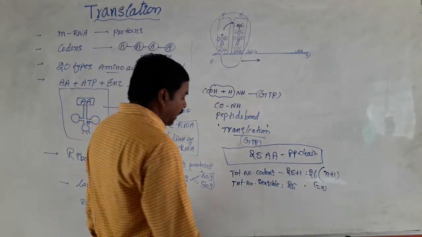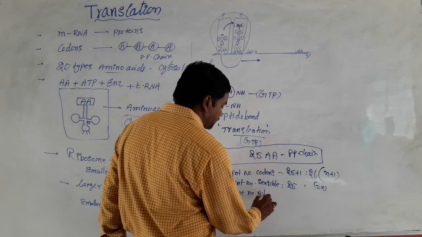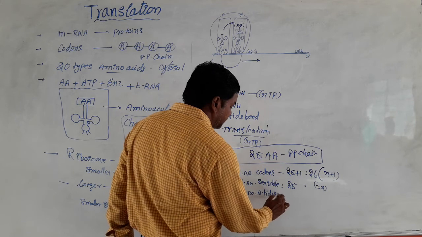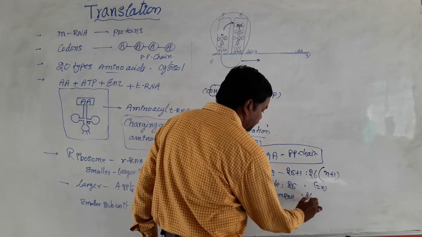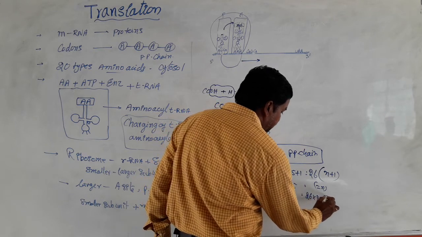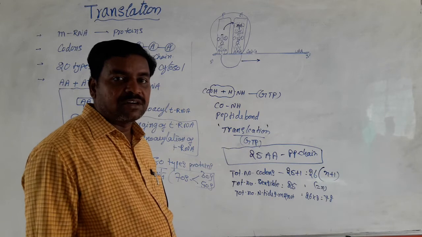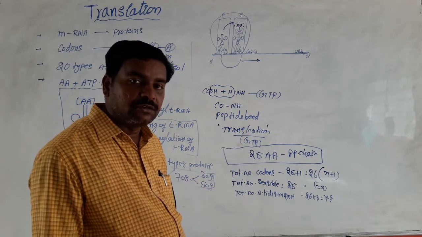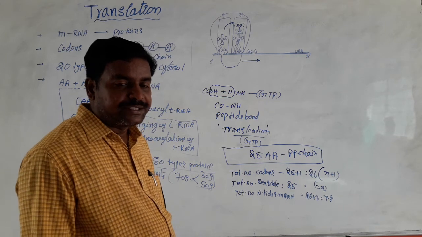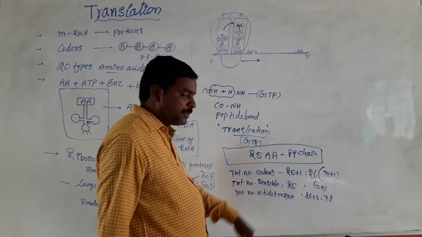And what about the total number of nucleotides present in mRNA? That is 26 total codons into 3, that is 78. Every codon consists of 3 nucleotides. There are a total of 26 codons including the stop codon. 26 into 3, that is equal to 78 nucleotides present in mRNA.